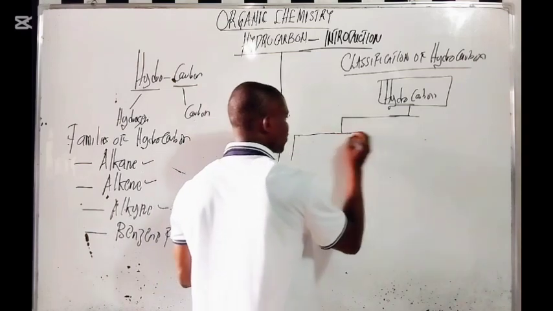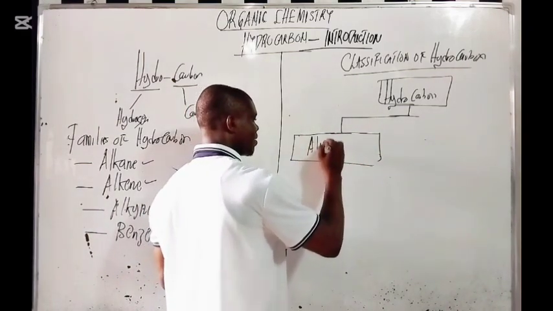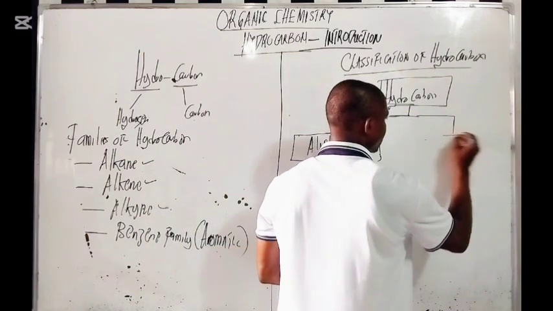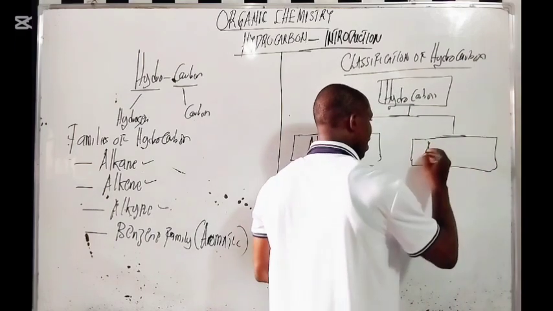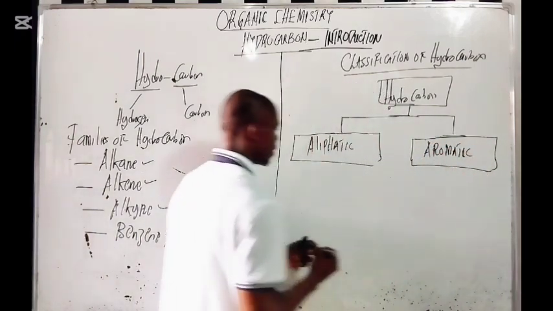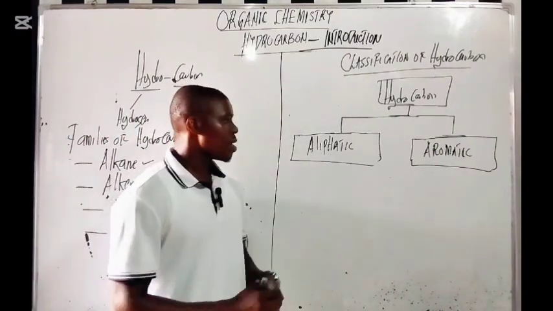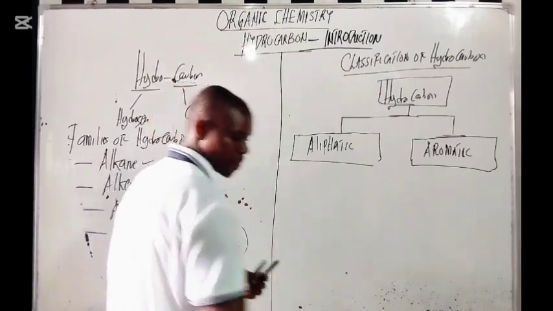Here we have the aliphatic hydrocarbon, and here we have the aromatic. So you have the aliphatic and the aromatic. Now, each of them can be subdivided.